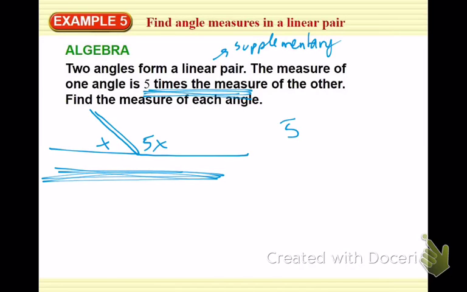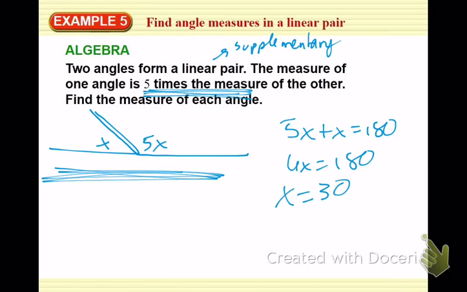In order to find the measure of each angle, I've got to add these 2 up and set them equal to 180. Then divide by 6, and x is 30. So one angle is going to be 30 degrees. The other angle is going to be 5 times 30, or 150, which makes sense. 30 plus 150 does equal 180. So we're in good shape.